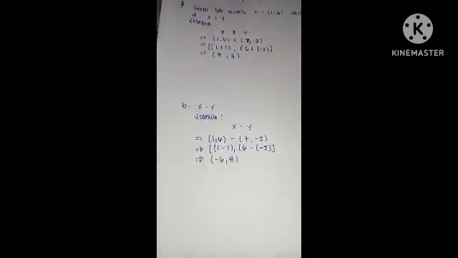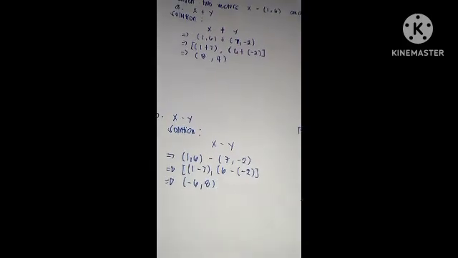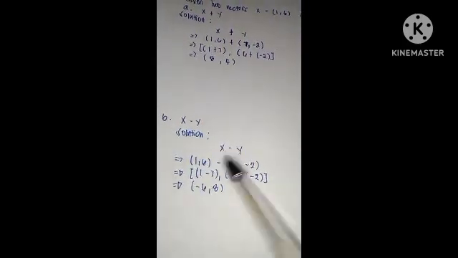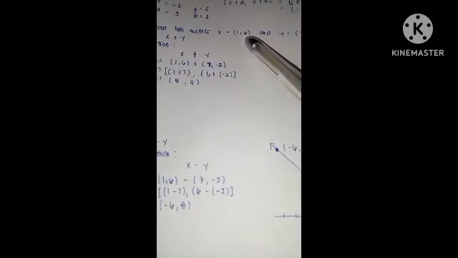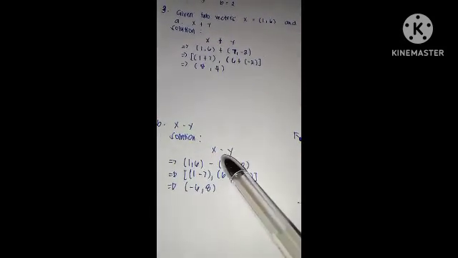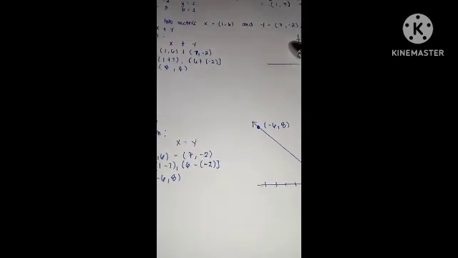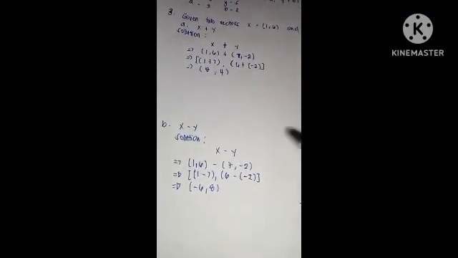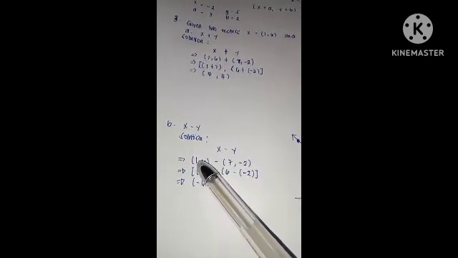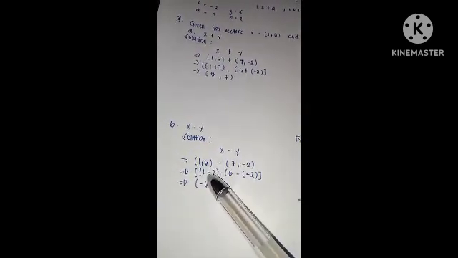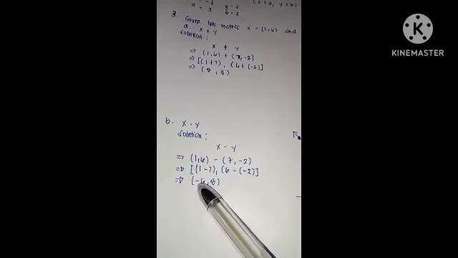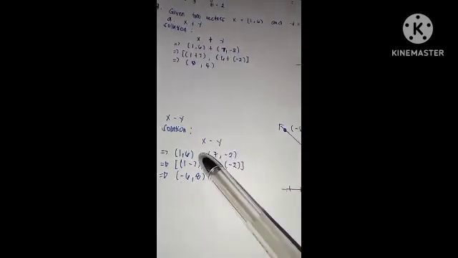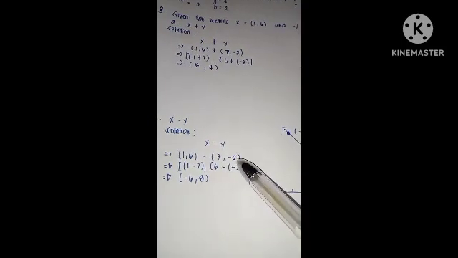In letter B, find x minus y. The solution is, our x is 1 and 6, our y is 7 and negative 2. So we substitute 1 and 6, and 7 and negative 2, and combine the x and y. Our x here is 1, our x here is 7. So 1 minus 7 is equal to negative 6, and our y here is 6, and our y here is negative 2.